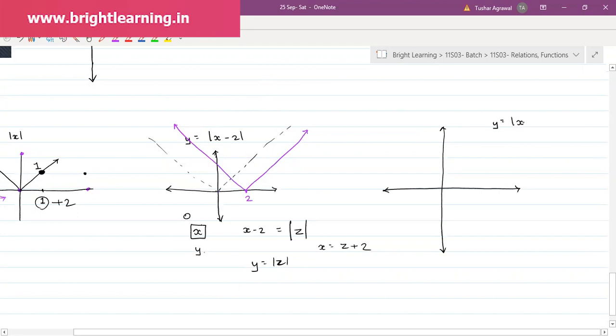And y is equal to modulus of x plus 3. So mod x will be something like this. Modulus of x plus 3 will be, the center will be shifted 3 units to the left-hand side.